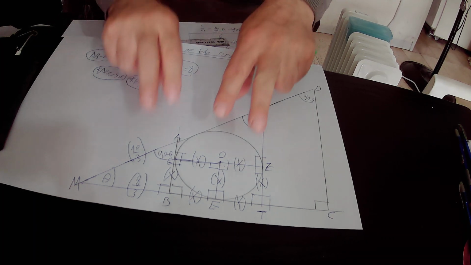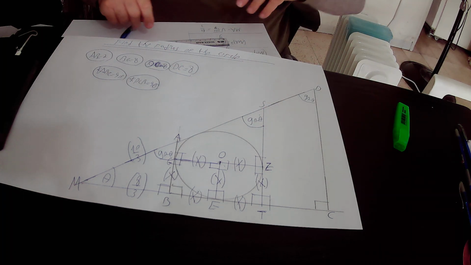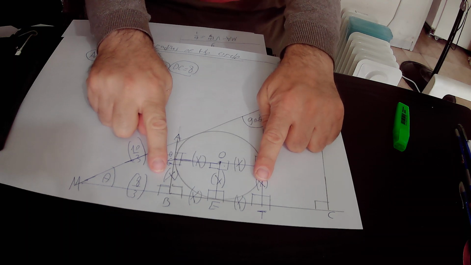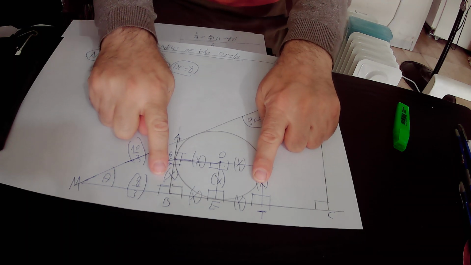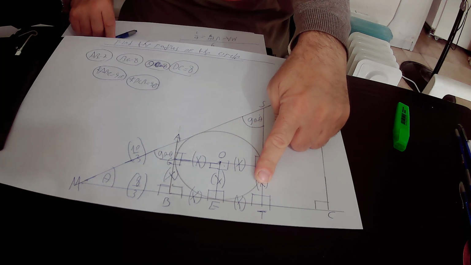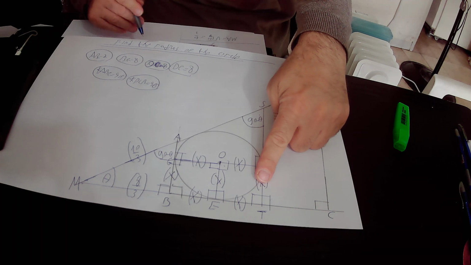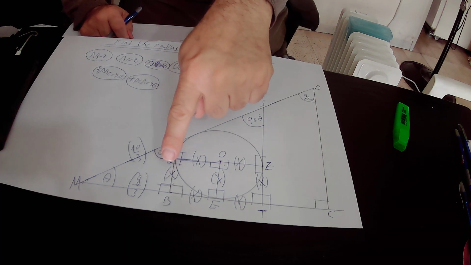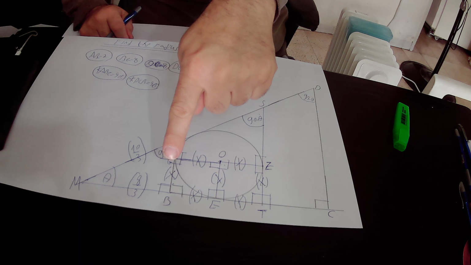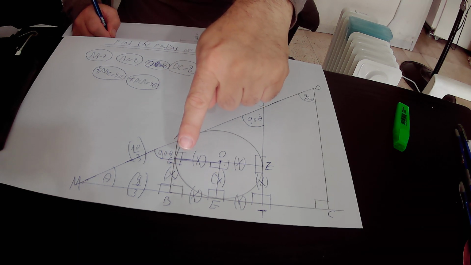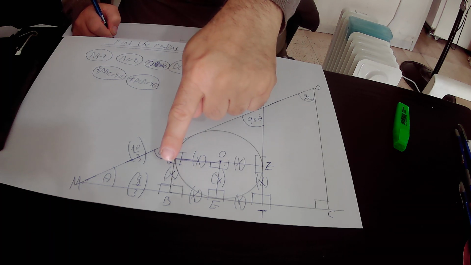So, why are those two right triangles similar to each other? First of all, those two angles are both equal to 90 degrees, therefore they are equal to each other. So this is angle STM in the big right triangle STM, and it is equal to this angle, that is actually angle MBA in the small right triangle MBA.